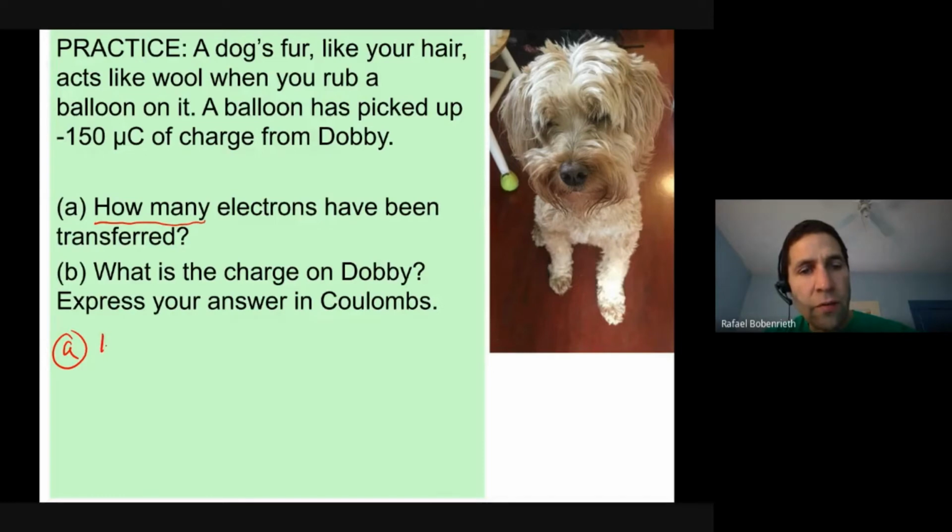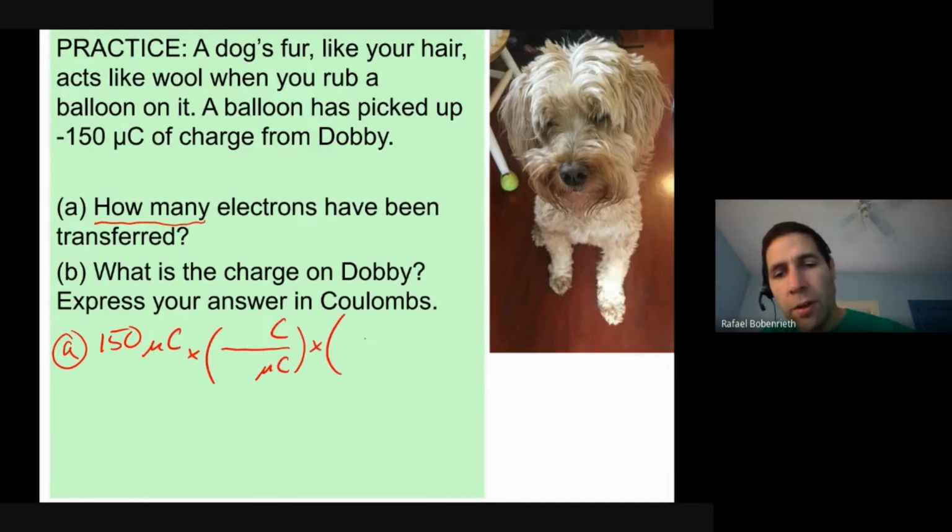So if I have 150 microcoulombs, and I have to get to electrons, I'm going to have to do two conversions here. I'm going to have to go from microcoulombs to coulombs, and then from coulombs to electrons. Okay, so notice I've set up two conversions there.